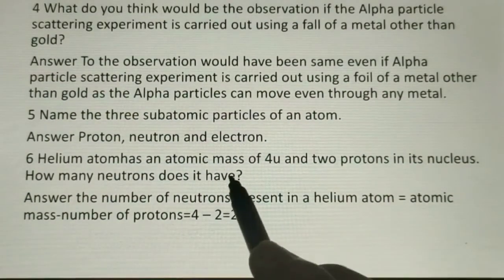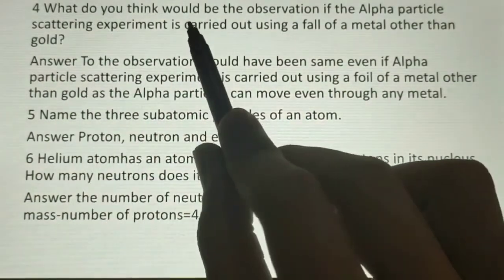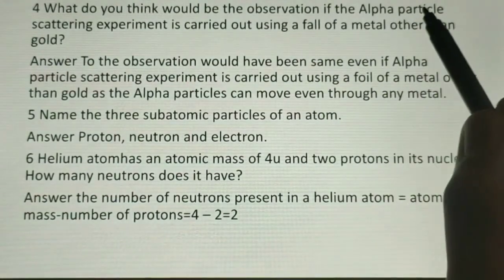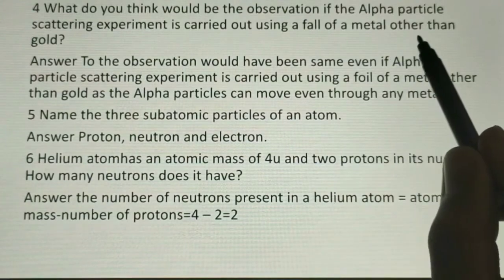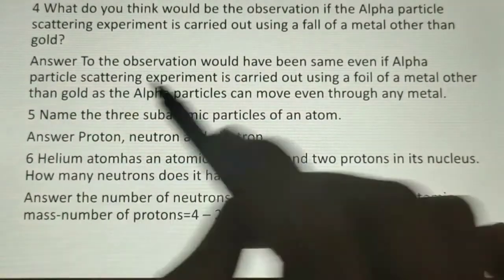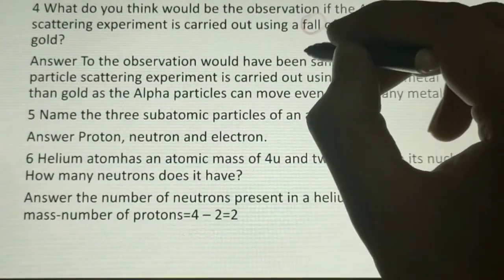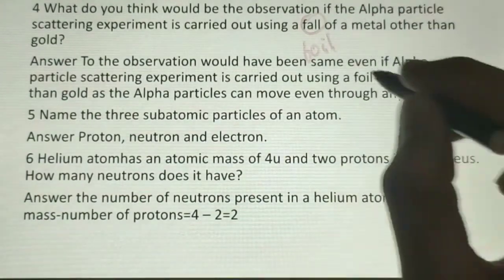Let's now practice our fourth question. What do you think would be the observation if the alpha particle scattering experiment is carried out using a foil of metal other than gold? That is not foil, that's a foil, F-O-I-L, foil.